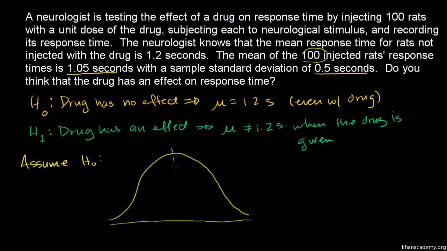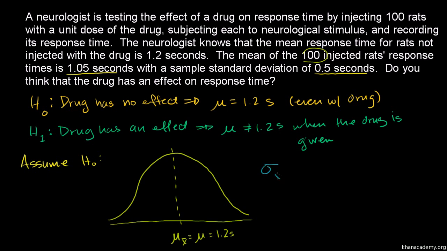It will have a mean. And now, if we assume the null hypothesis that the drug has no effect, the mean of our sampling distribution will be the same thing as the mean of the population distribution, which would be equal to 1.2 seconds. Now, what is the standard deviation of our sampling distribution?